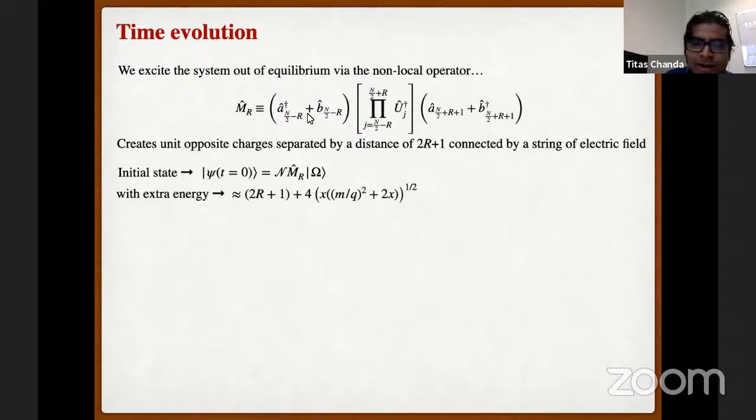So the particle and antiparticle are separated by a lattice distance of 2r plus 1, and they are connected by a string of electric field, created via this string of raising operators. So our initial state is this one, where this is the vacuum or ground state of the system, and we act with this operator. Here n is just the normalization constant. Semi-classically, this state has an extra energy of this amount over the vacuum state.